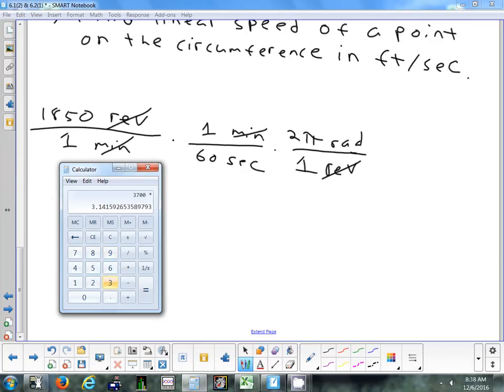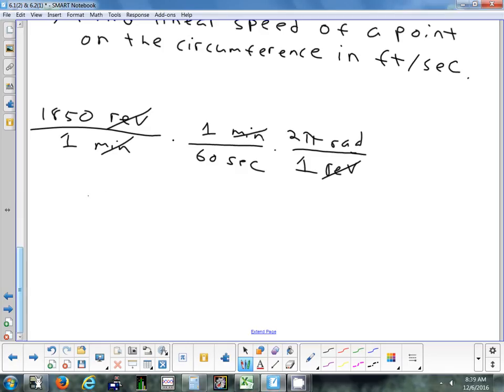So times 2 pi, and then divide by 60. If you have your pi button on yours, just press that. Okay, so what is the units on that number? Yeah, it's 193.73 radians per second.